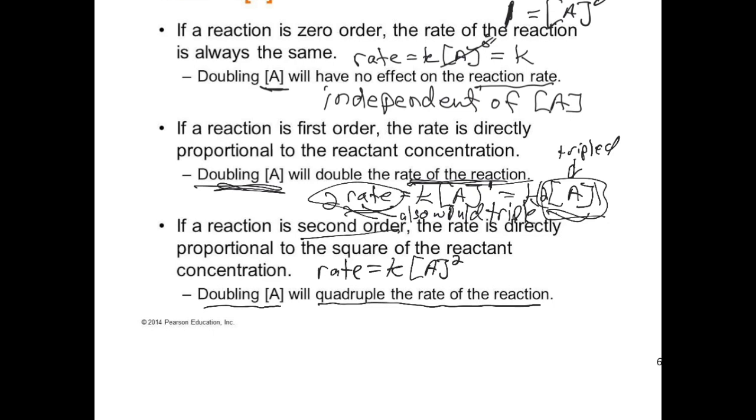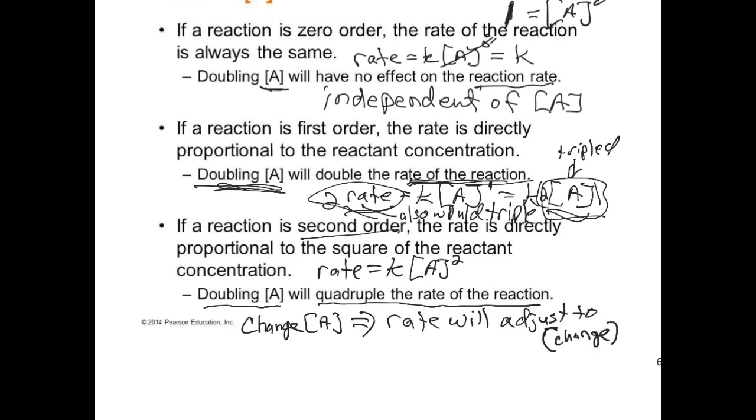So the way it is, if you change the concentration of A, the rate will adjust to the square of whatever that change is.